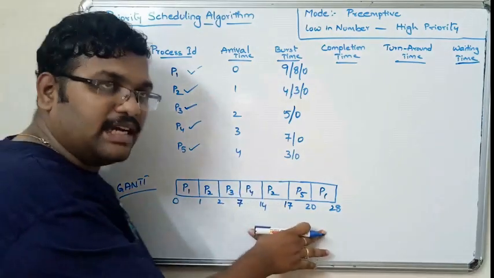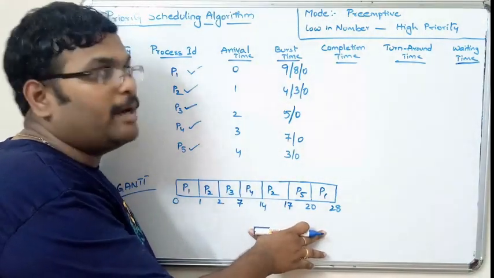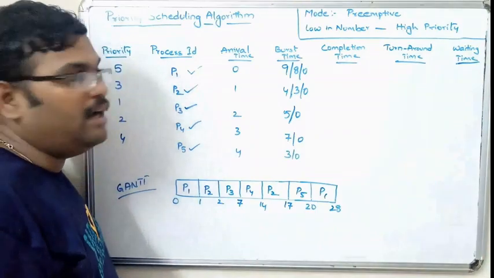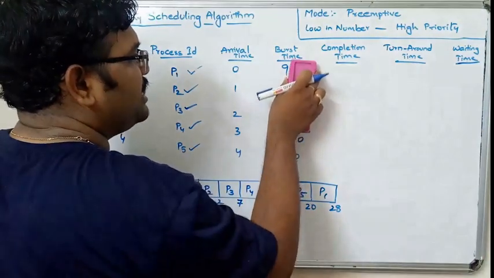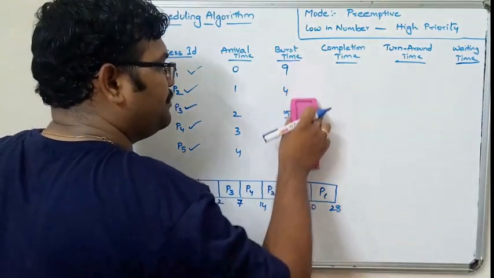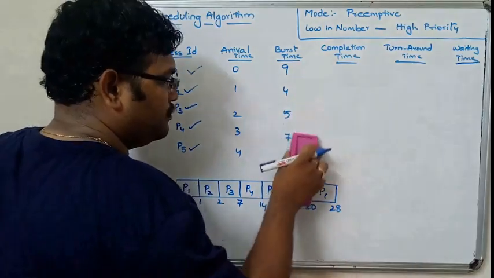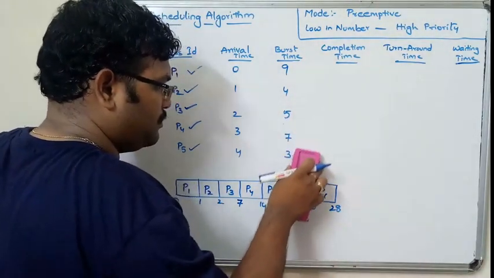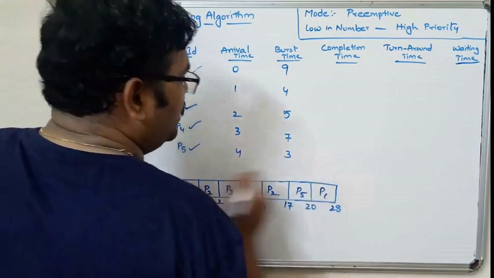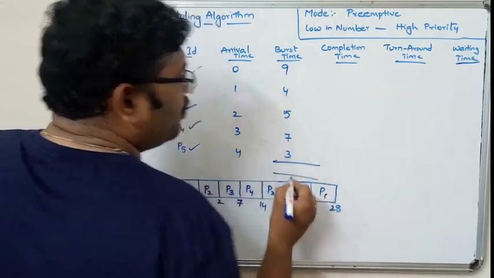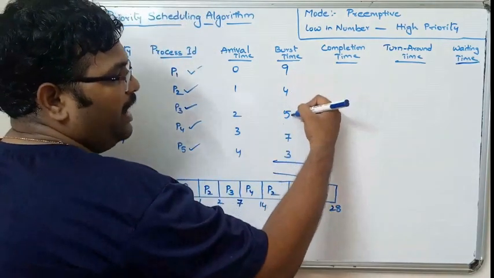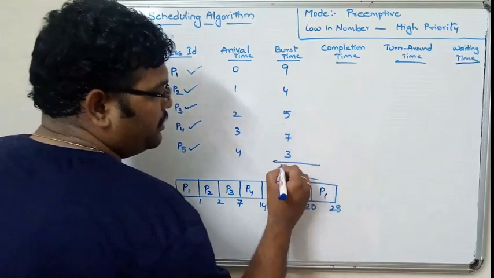If you are able to write this Gantt chart correctly, we can automatically find all these things. So I will erase all these things except the burst time. What is the total time required? 9 plus 4, 13, 18, 28.